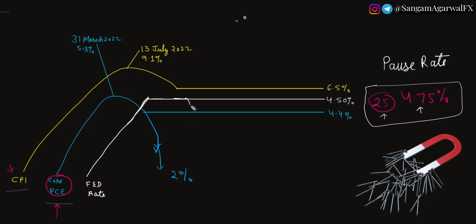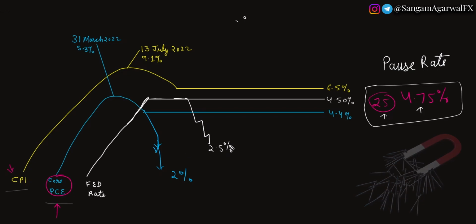They will start cutting interest rates, and in that condition the target is 2.5, because if they did not cut interest rates, then the core PCE number will keep dropping, and after 2% it will go to zero. But by the time it reaches zero, the central bank will panic, and that will be deflation.